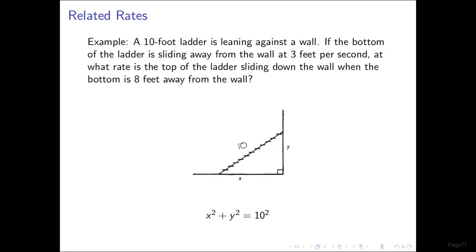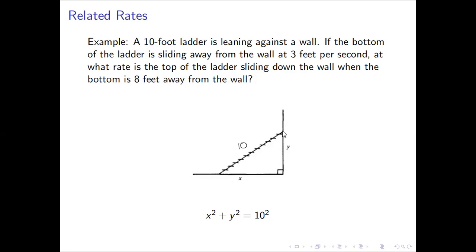Now, to solve the problem, what you first need to do is find an equation relating the variables. The variables in this case are the distances of the foot and top of the ladder from the wall and from the ground. So y is the distance of the top from the ground, and x is the distance of the foot from the wall.